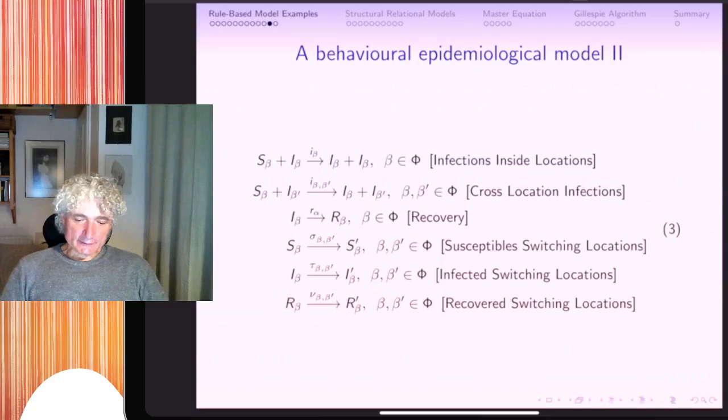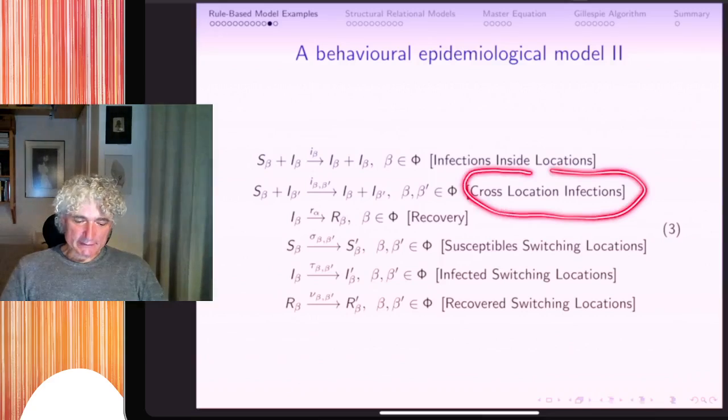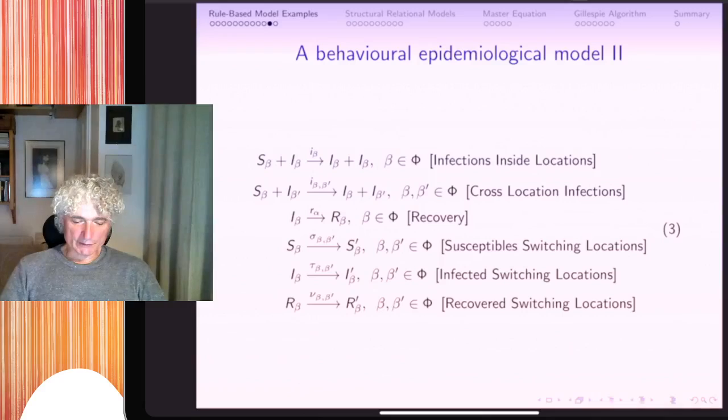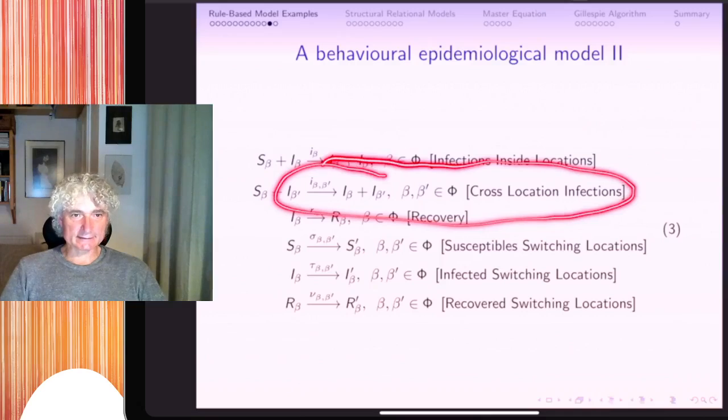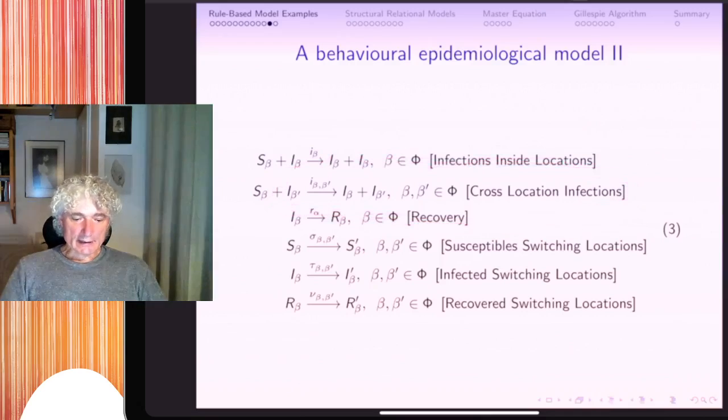Of course, there is also cross-location infection. So somebody who was in the pub the evening before now can also be in another place, and this will be modeled by these cross-location infections. So this is this line. And then you have the usual recovery of an infected person. That fortunately also happens in the current pandemic.